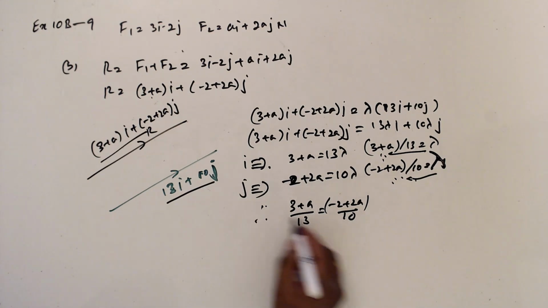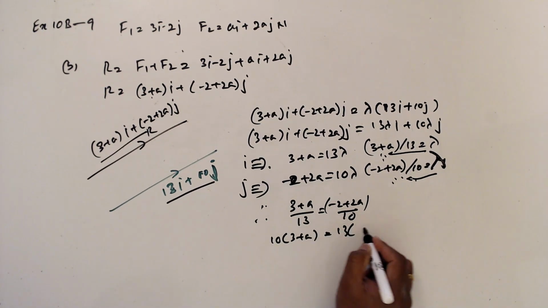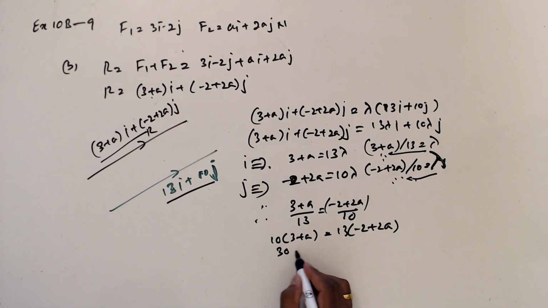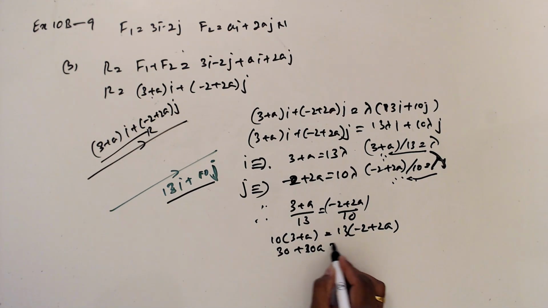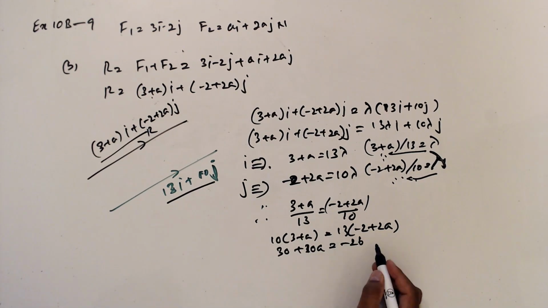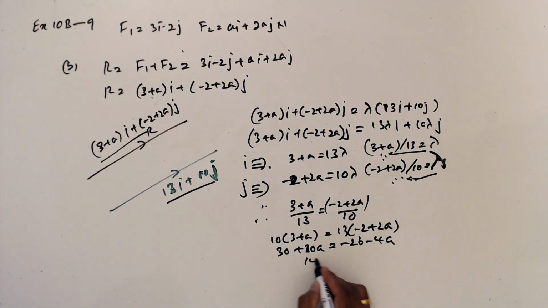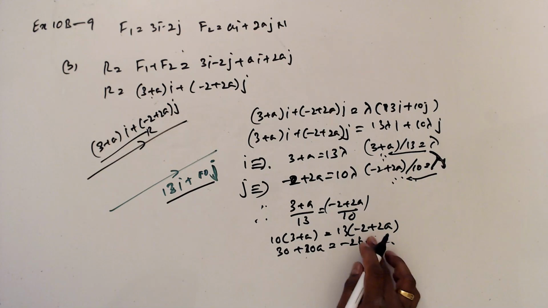Now let's cross multiply. 10 times (3 plus a) equals 13 times (minus 2 plus 2a). So this is 30 plus 10a equals minus 26 plus... I think this is wrong.